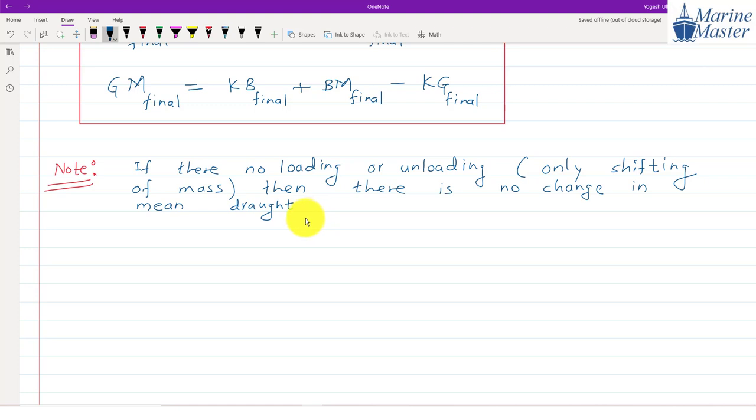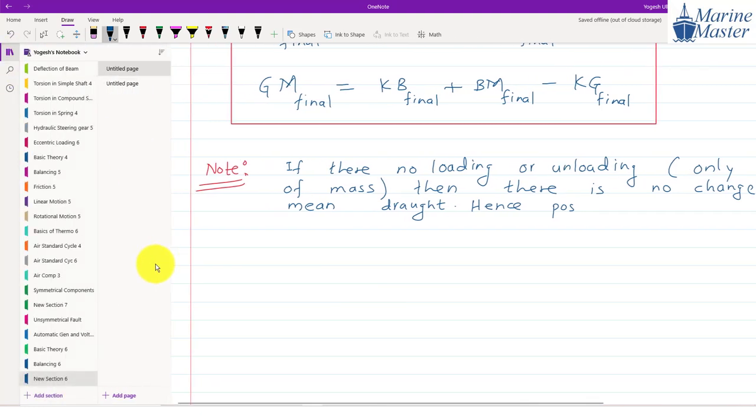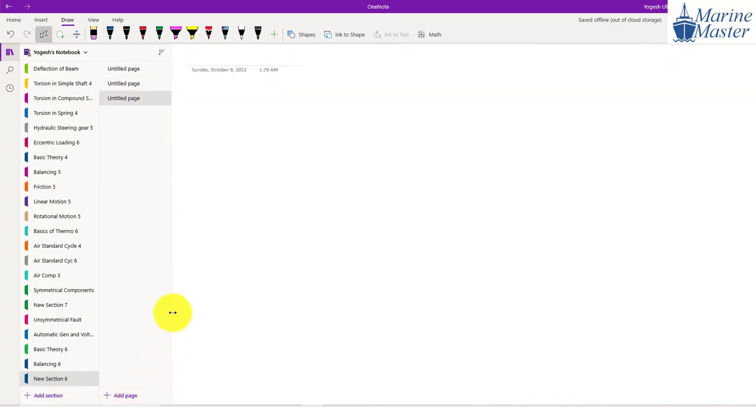And if there is no change in mean draft, what will happen? Hence GM will change, but KM will not change. GM will change because KG is changing. Try to understand my point here.